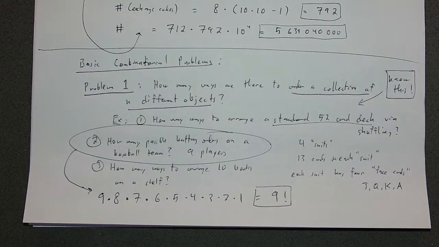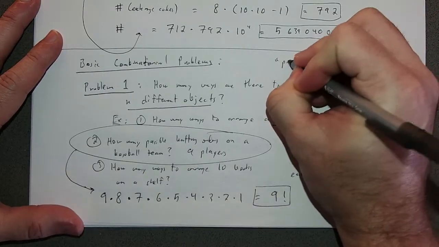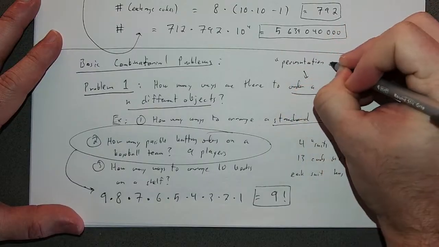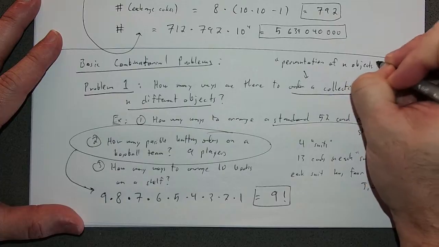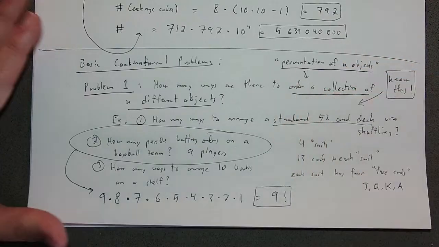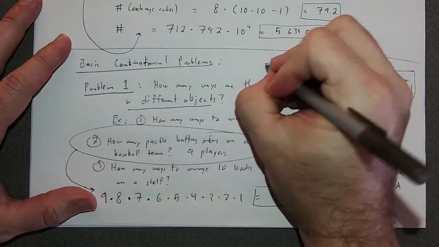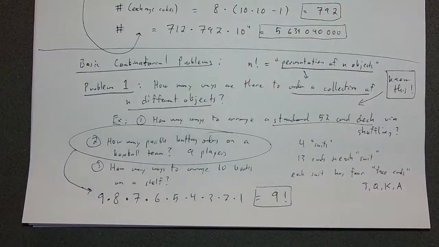We call that a permutation of the objects. And the number of permutations of n objects is n factorial. This is, of course, directly from the product rule.